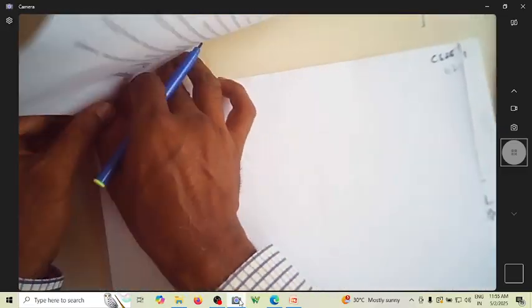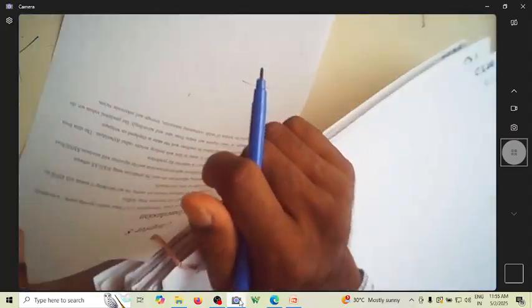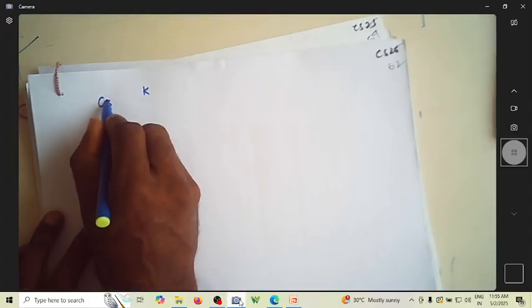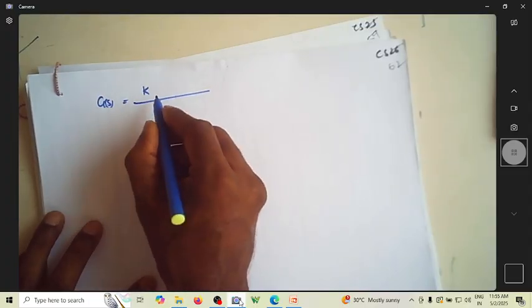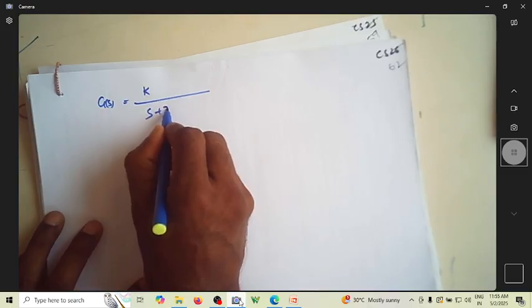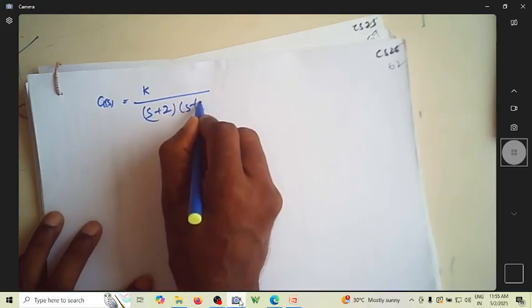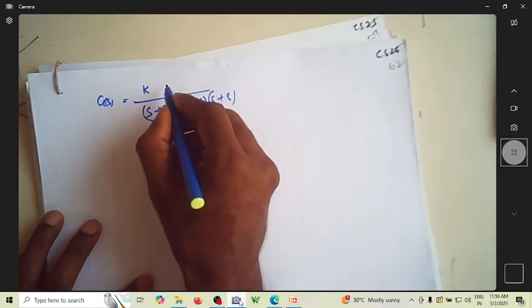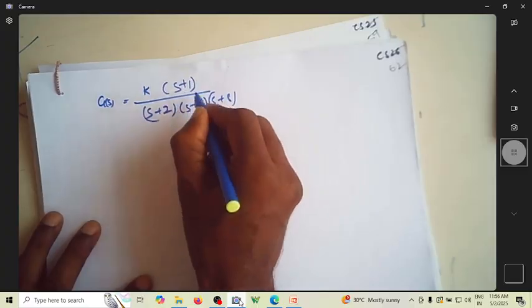So let us find one more such example. To the same system we will add a zero. We had G(s) equal to k by (s plus 2)(s plus 6)(s plus 8). Let us add one zero, s plus 1.